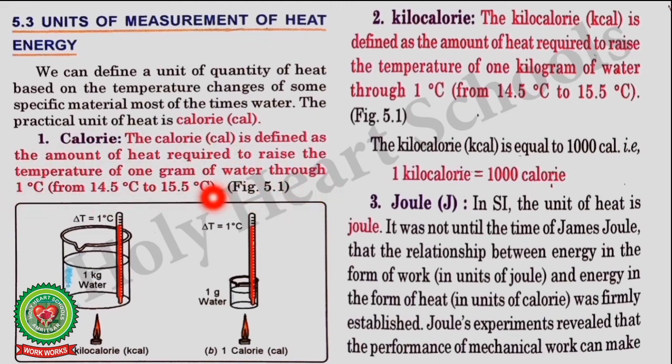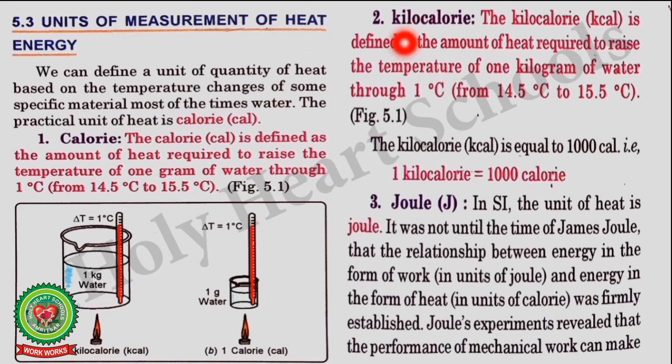You have to write this temperature range from 14.5 degrees Celsius to 15.5 degrees Celsius. And why this temperature range is taken, I have already explained, because below 14 degrees Celsius, water shows non-uniform contraction and expansion. So, for more accuracy, scientists have taken this temperature range.